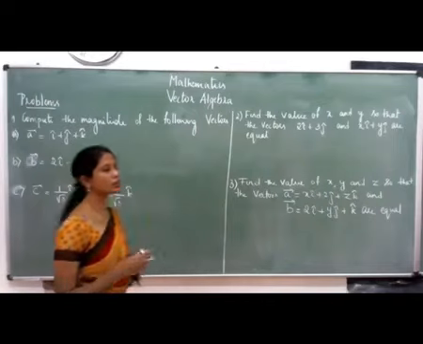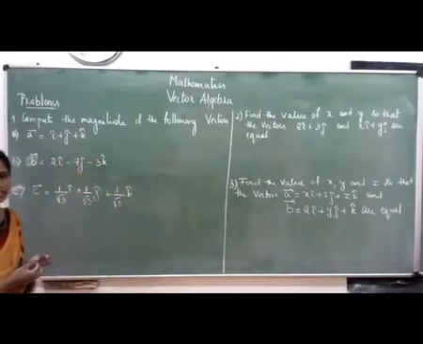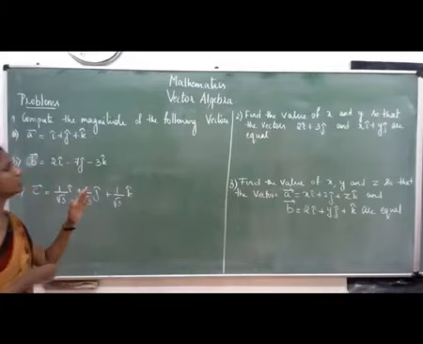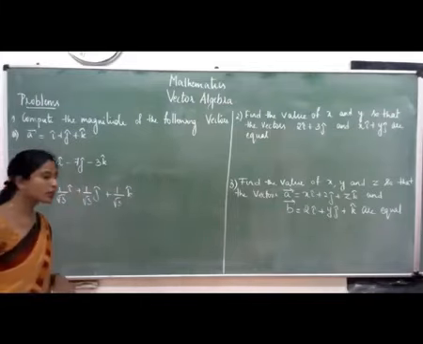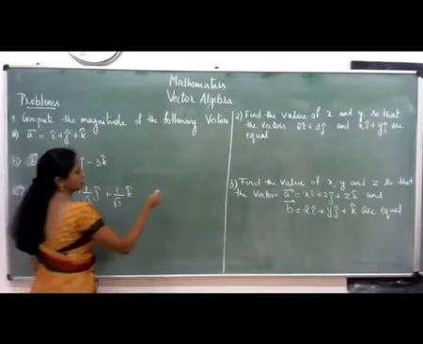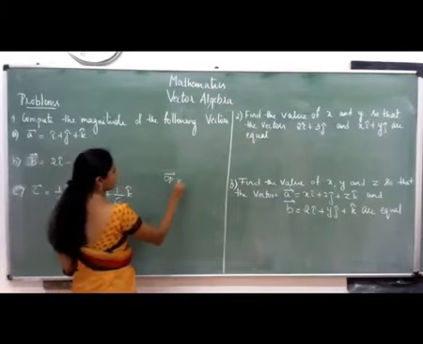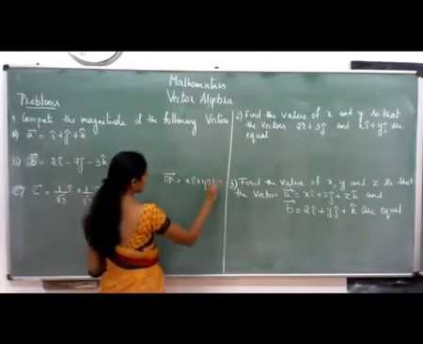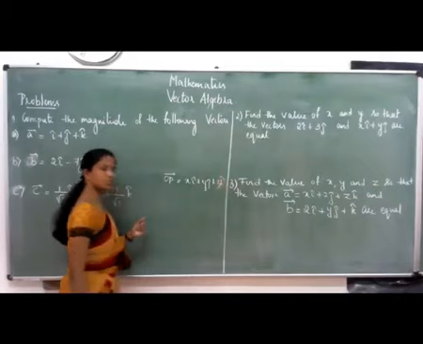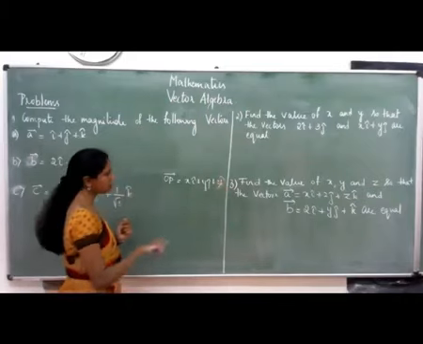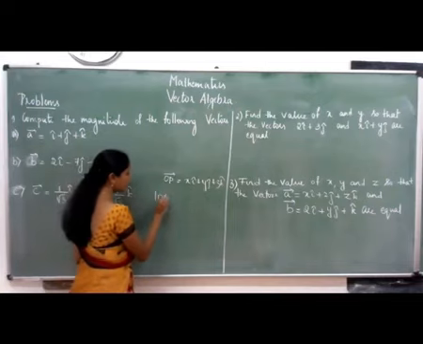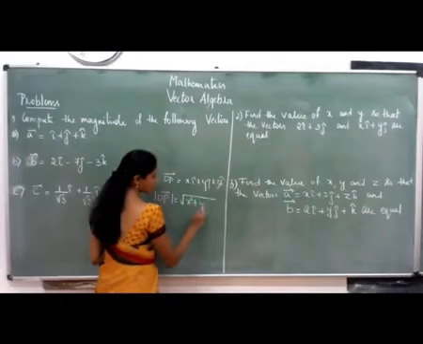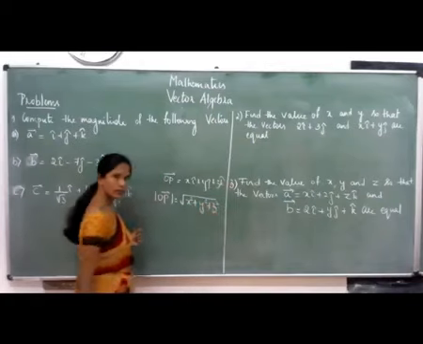Let us learn how to solve problems on the concepts which we have studied till now. In the first problem, they have asked us to find the magnitude of the following vectors. If you remember, when I wrote position vector, any vector xi plus yj plus zk, the magnitude of this position vector is root of x square plus y square plus z square.